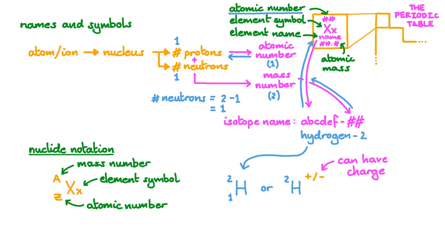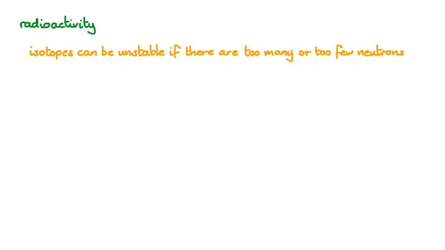The next special thing about different isotopes we're going to look at is radioactivity. Without going into too much detail, neutrons play a major part in how nuclei hold together. If there are too many neutrons or too few neutrons, nuclei can become unstable. An unstable nucleus has a chance of undergoing nuclear decay and becoming a different type of nucleus.